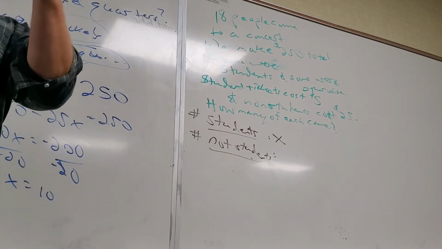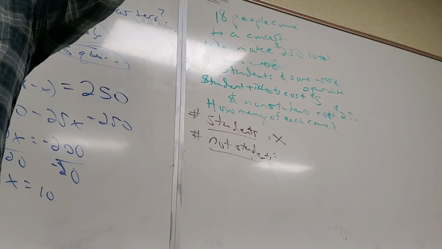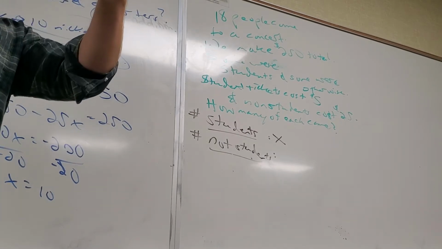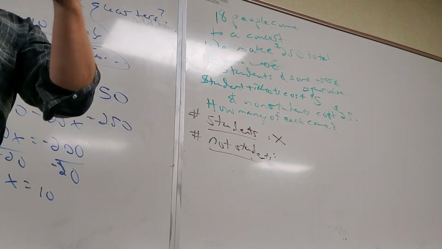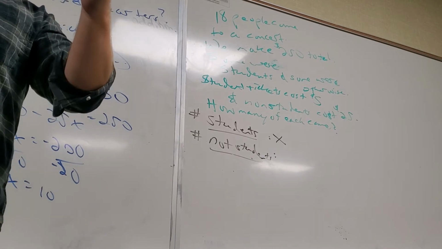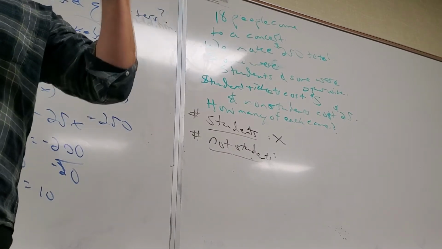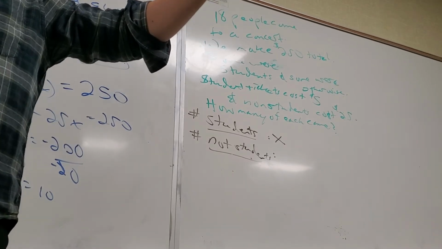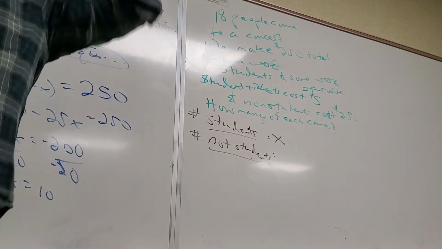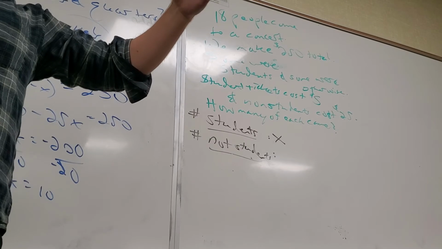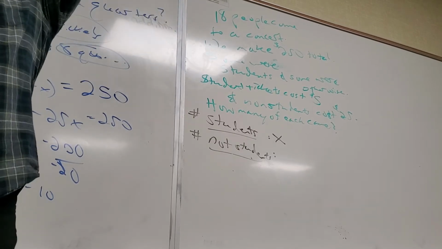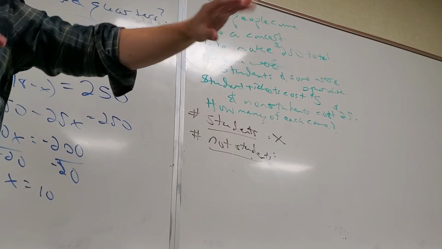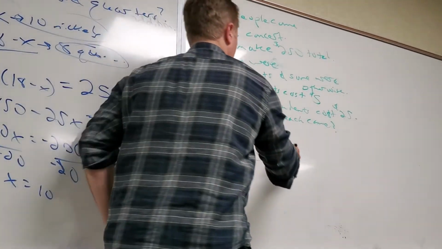Whenever you have a total amount and one part is X, the other one is total minus X. You actually know that. You're just not used to thinking of it that way. If there were 30 people and 11 of them are left-handed, how many are not left-handed? 30 minus 11, right? So it's always total minus the amount you set aside. So here, this is going to be 18 minus X.